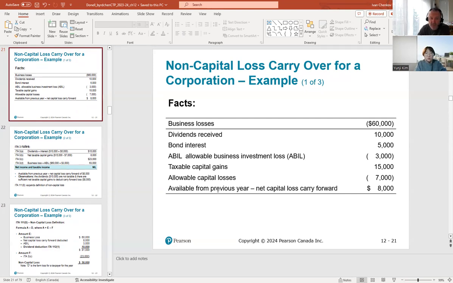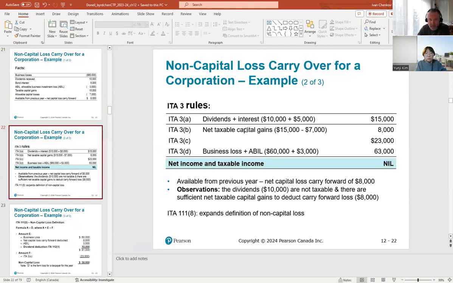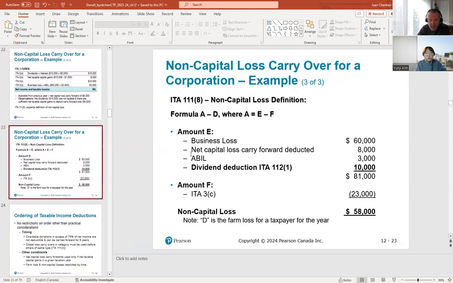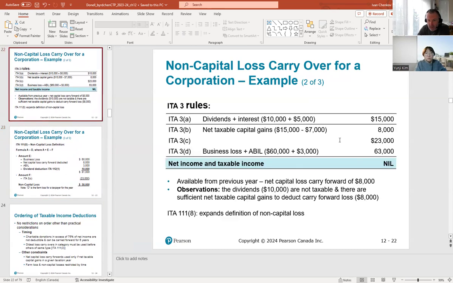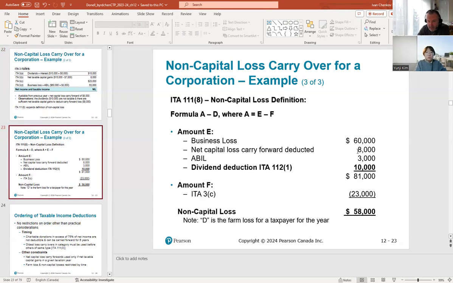And allowable from the previous net capital loss carry forward 8. And here we're going to have the capital gain, 8,000, in total 23. So now we're going to start calculating this, guys. Now this taxable capital gain, 8,000, with this 8,000, they're going to eliminate each other, right?